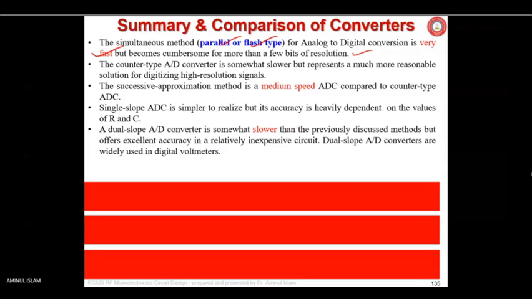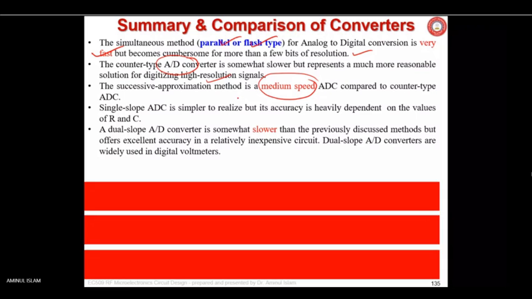The basic counter type we have studied, followed by some other types. The counter type is somewhat slower, but represents a much more reasonable solution for digitizing high resolution signals. The successive approximation has medium speed.